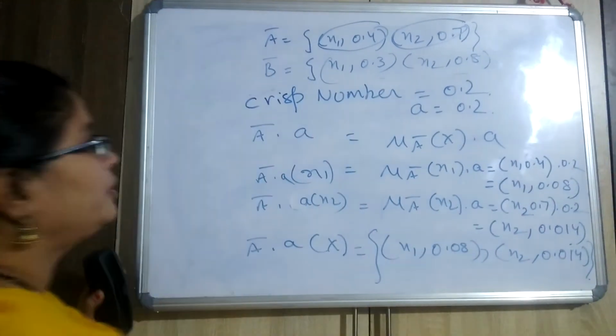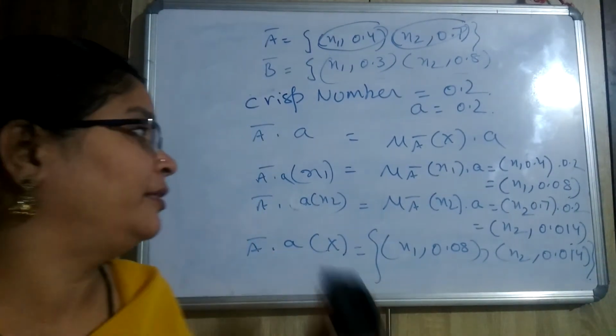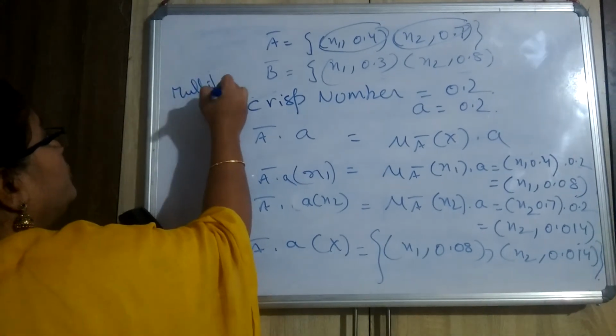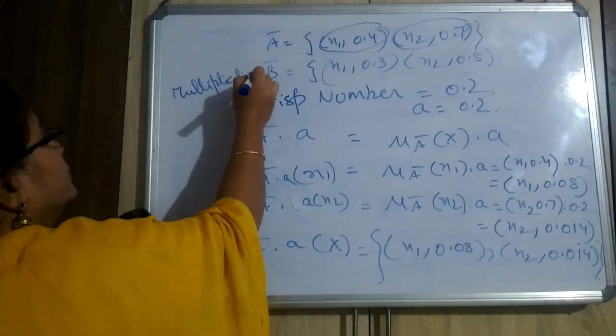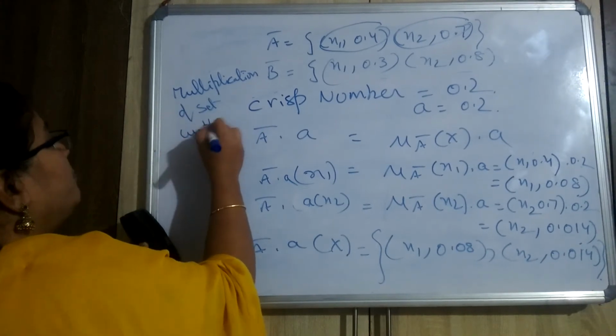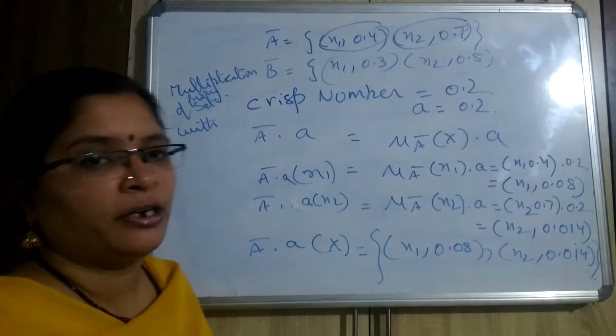Like that, the crisp number multiplication along with the fuzzy number can be represented. This is the multiplication of a fuzzy set with a crisp number.